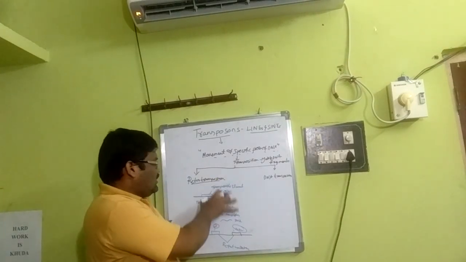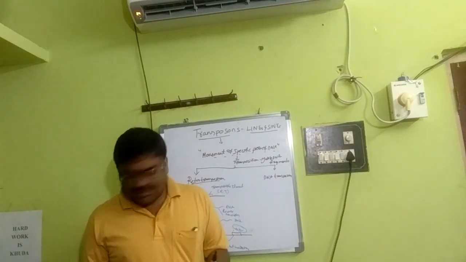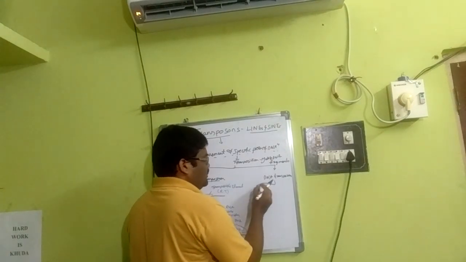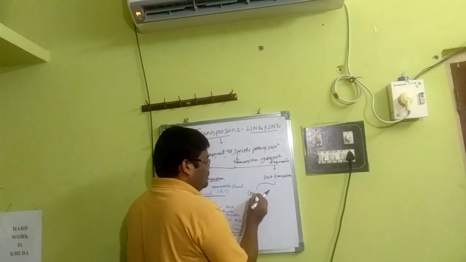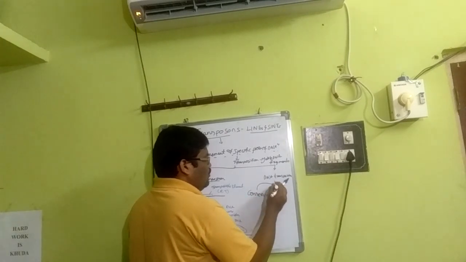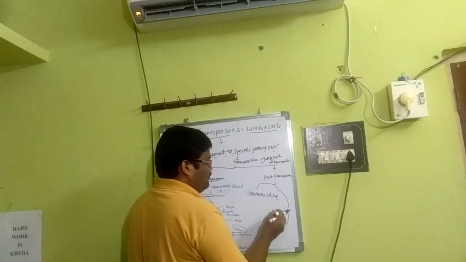So that is retrotransposition. Then coming to the next kind, DNA transposition, which is again of two kinds: conservative transposition and replicative transposition.